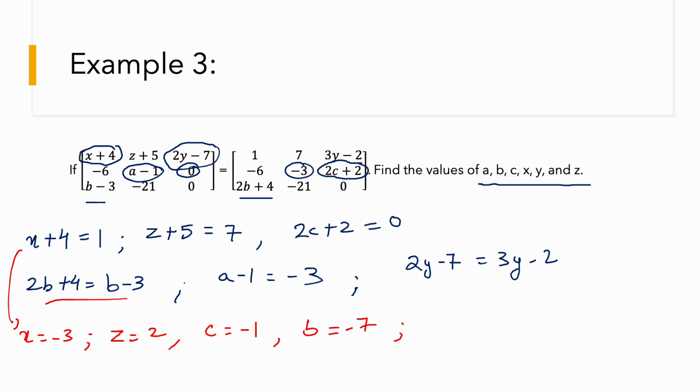And then here it is a equals negative 3 plus 1, it's negative 2, and here it is going to be negative 7 plus 2 equals y. So y is going to be negative 5. So I got all the values: x is negative 3, z is 2, c is negative 1, b is negative 7, a is negative 2 and y is negative 5. That's all.